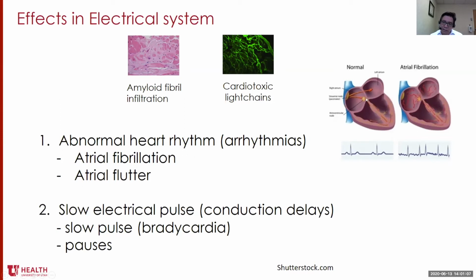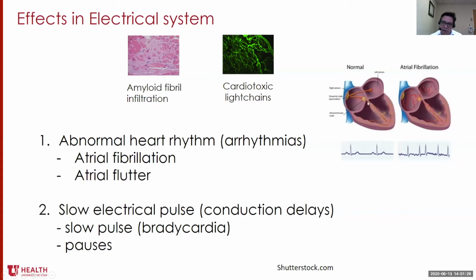Another way that amyloid can affect the heart: you see this area in the middle of the heart that divides the right and the left ventricle. We call this the septum or the septal wall. This wall is one of those predominantly affected by amyloidosis.